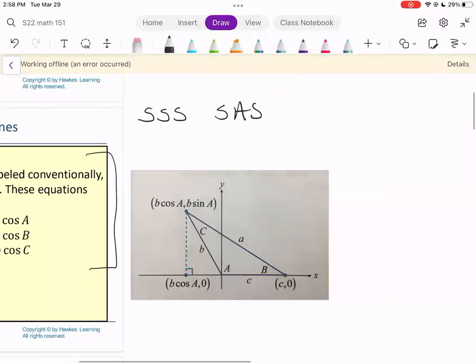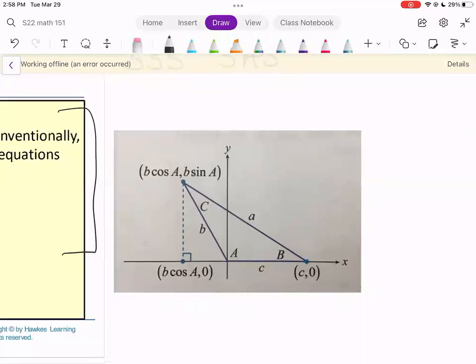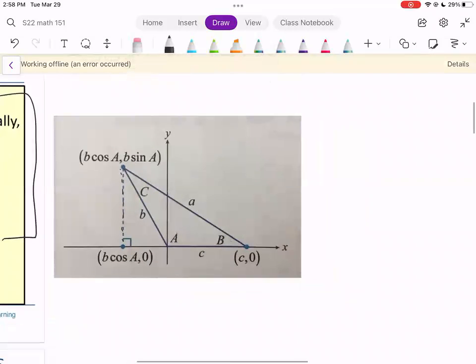We're going to take a triangle and then we're going to extend out and bring down our altitude to create a right triangle.